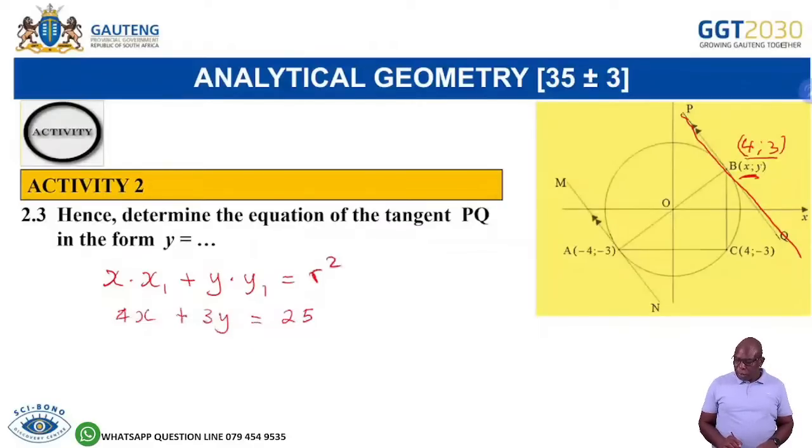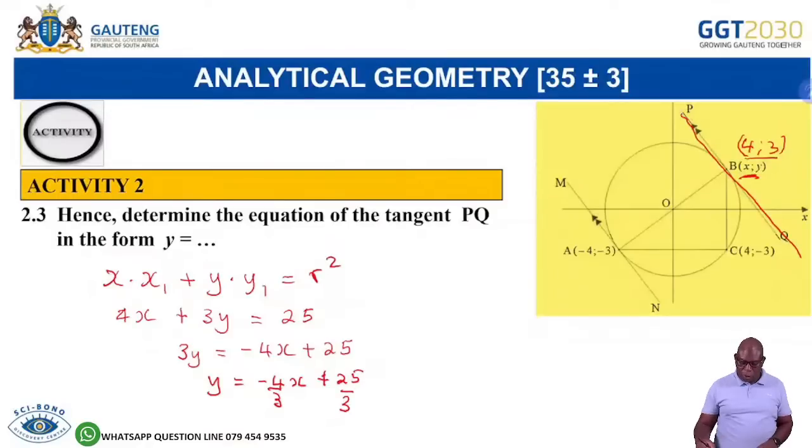So I need to get the equation of PQ. Now I'm going to get 3y equals -4x plus 25. So now I get y equals -4x over 3 plus 25/3.